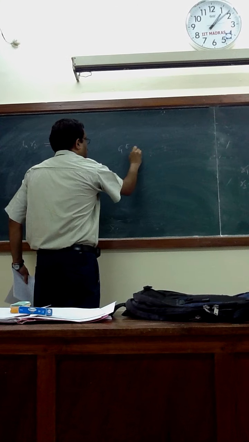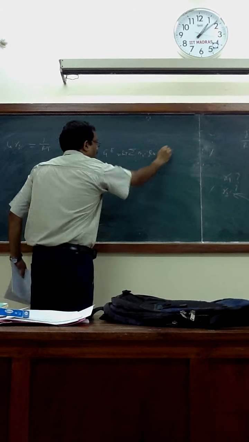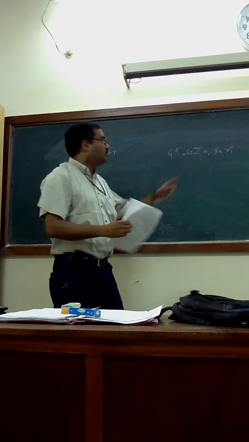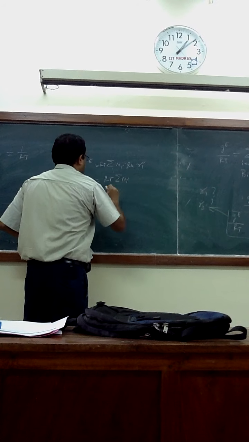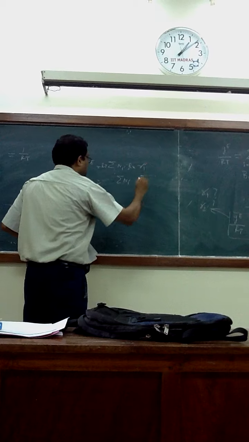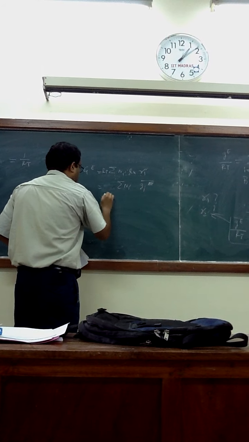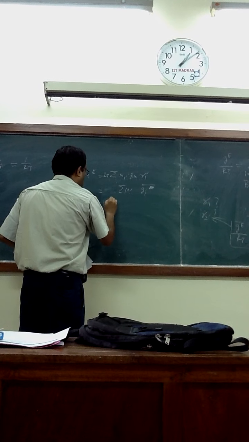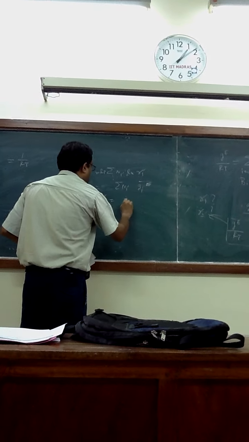When GE equals what we found, RT summation Ni ln gamma i, right? We have found it. This is nothing but RT Ni. We can write this as, for comparing here, RT.